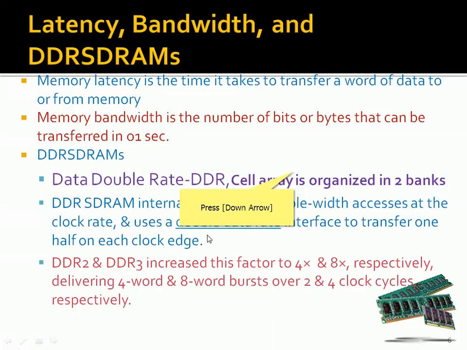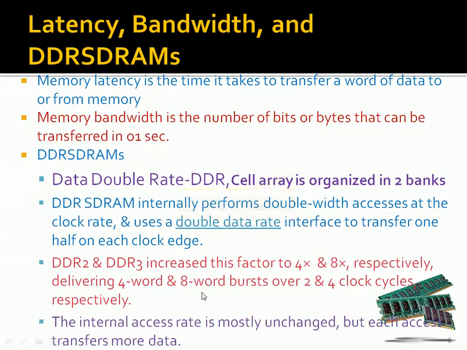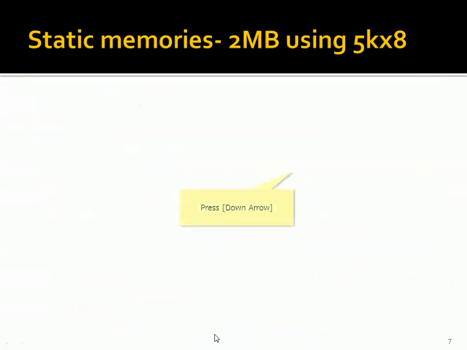So the number of bytes in a burst will be increased. The internal access rate is mostly unchanged, but each access transfers more data.